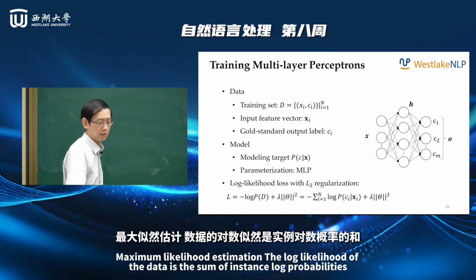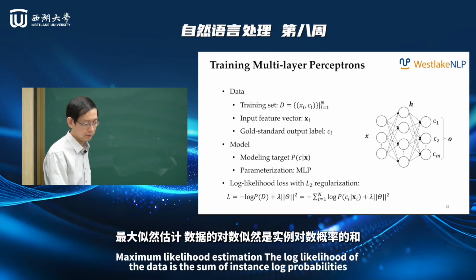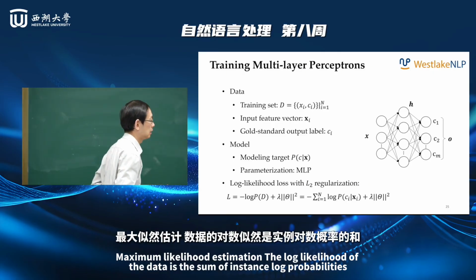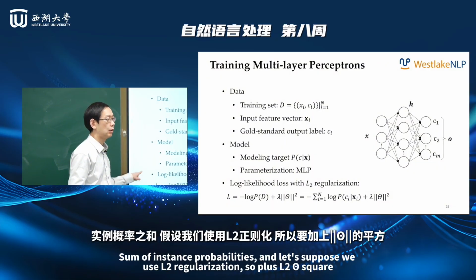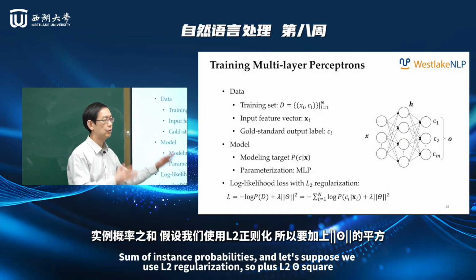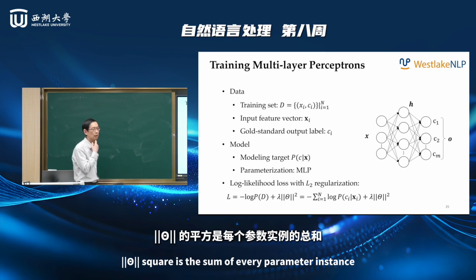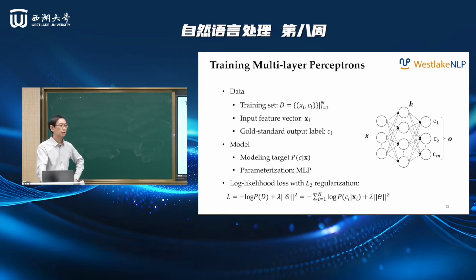So the log likelihood of the data is the sum of instance log probabilities. So this is the training objective function. And let's suppose we use L2 regularization, so plus L2 theta square. Theta square is the sum of every parameter squared. So this is a training objective function.